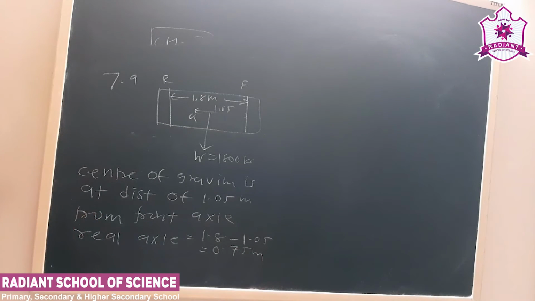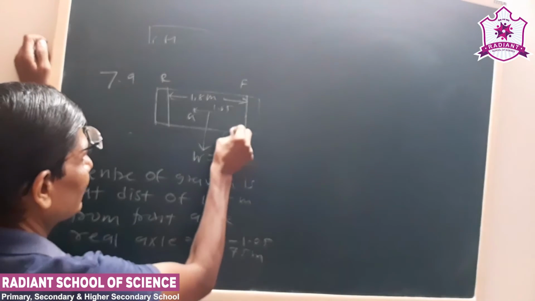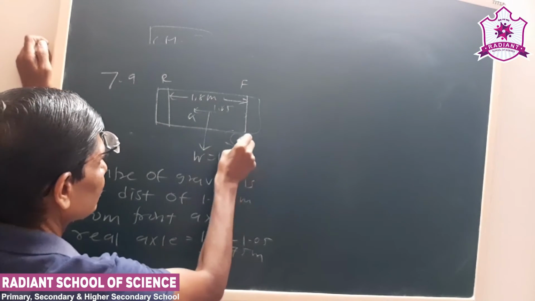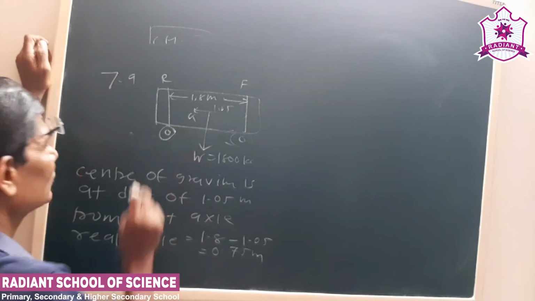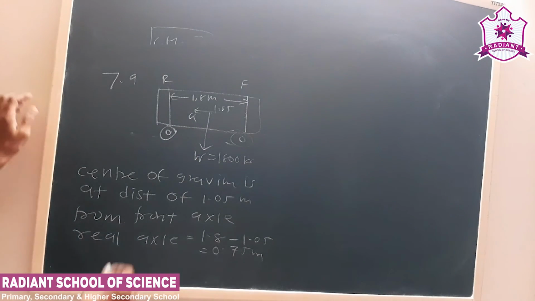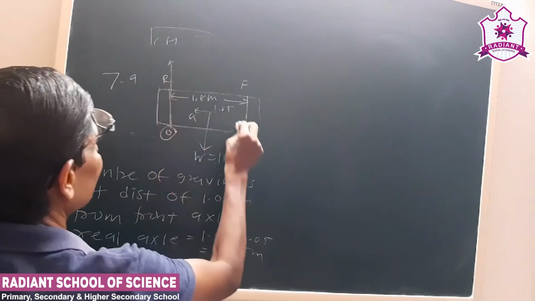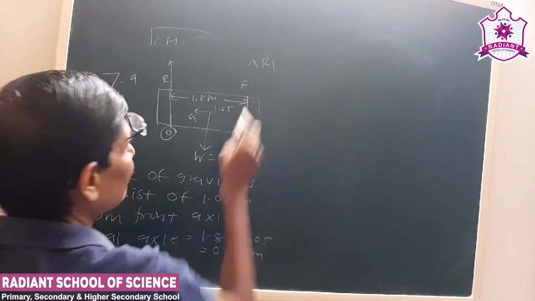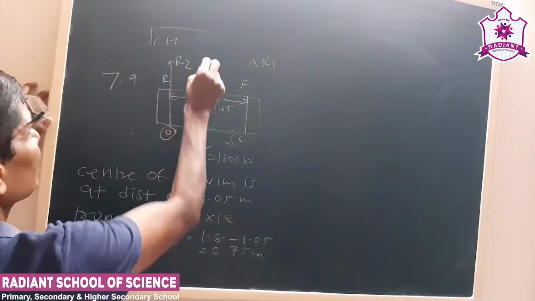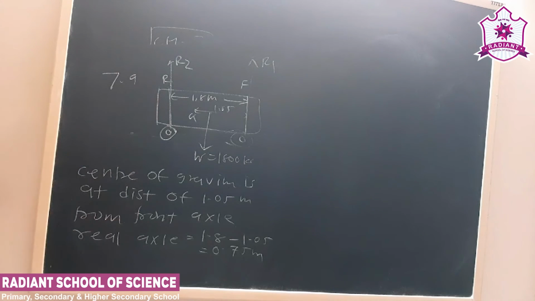Now what we have to see is the force exerted by each wheel. Now see, in front end there will be two wheels, on the rear axle there will be two. Now let us say the reaction of the front wheels together is R1 and the two wheels from the back together is R2.